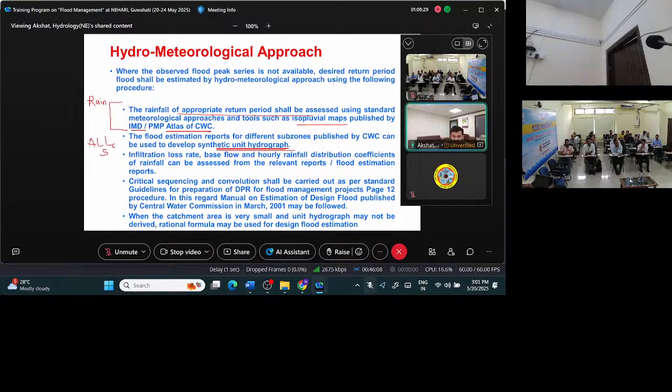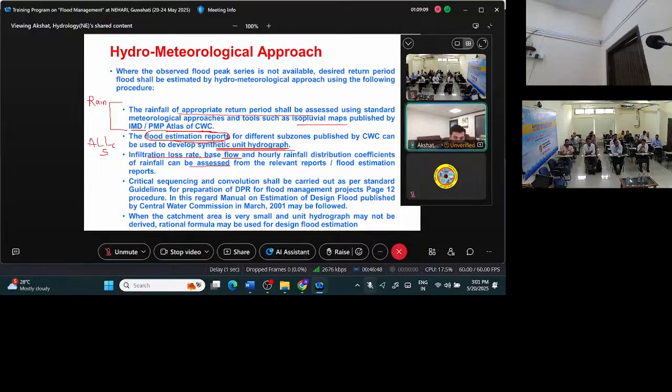And in this, from the rainfall we will reduce the infiltration loss and add base flow, and all this can be done by assessing the flood estimation reports of the Central Water Commission. Now, after you get the synthetic unit hydrograph, we know we have a rainfall runoff relation, and we have a rainfall over the basin.